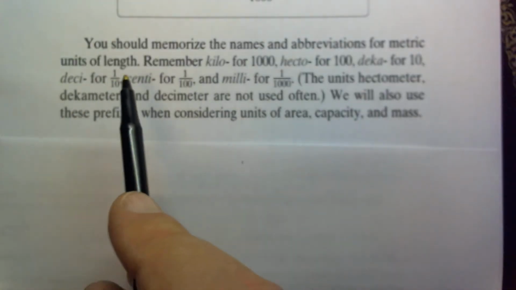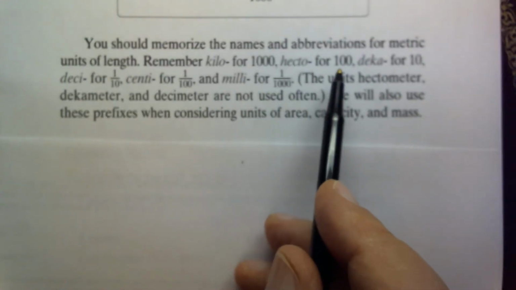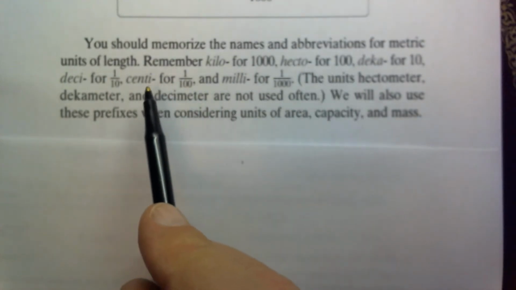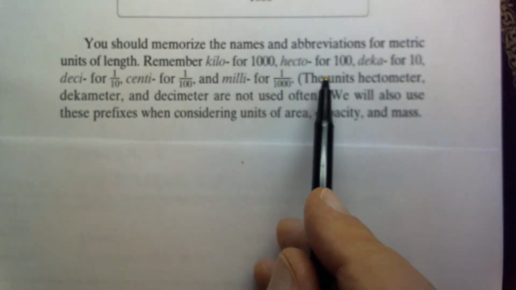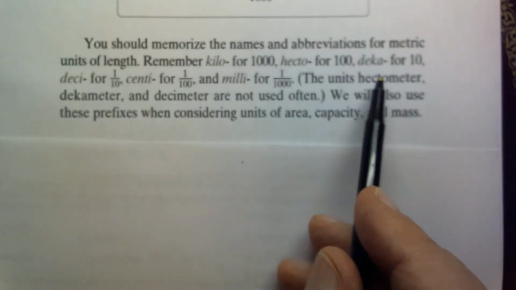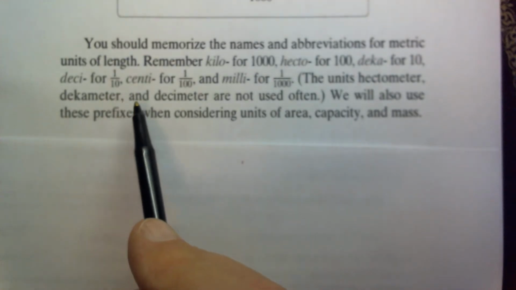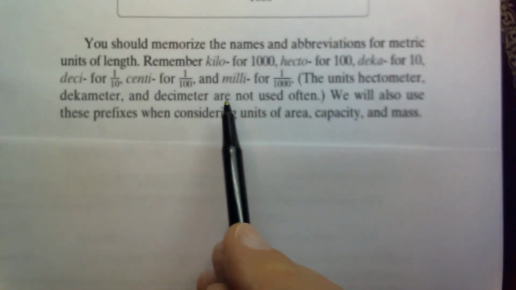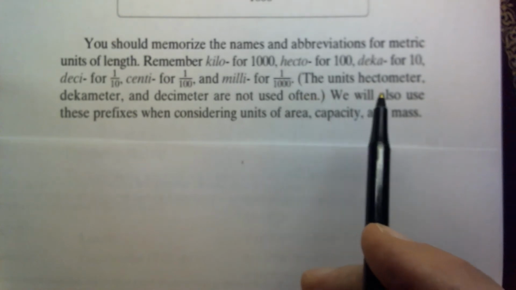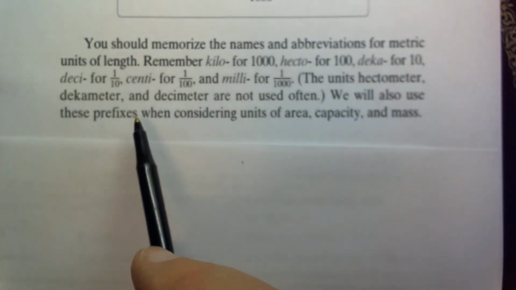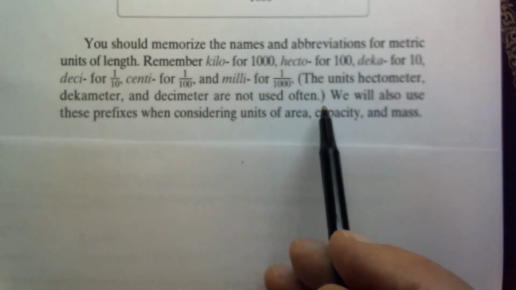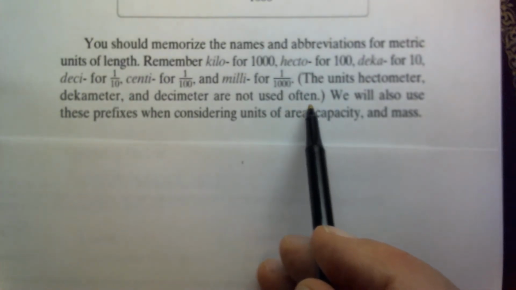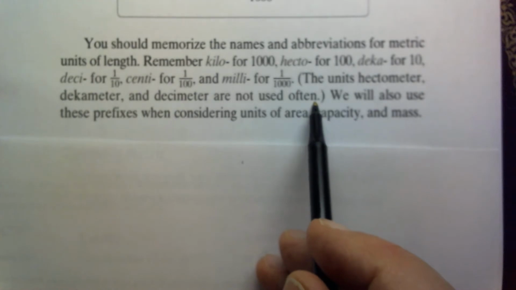Again, the emphasis is on memorizing the names and abbreviations for metric units of length. Kilo stands for 1,000, hecto for 100, deca for 10, deci for 1/10, centi for 1/100th, and milli for 1/1000th. The units hectometer, decameter, and decimeter are not used often, but when they show up in some of the exercises, you need to know what they mean.